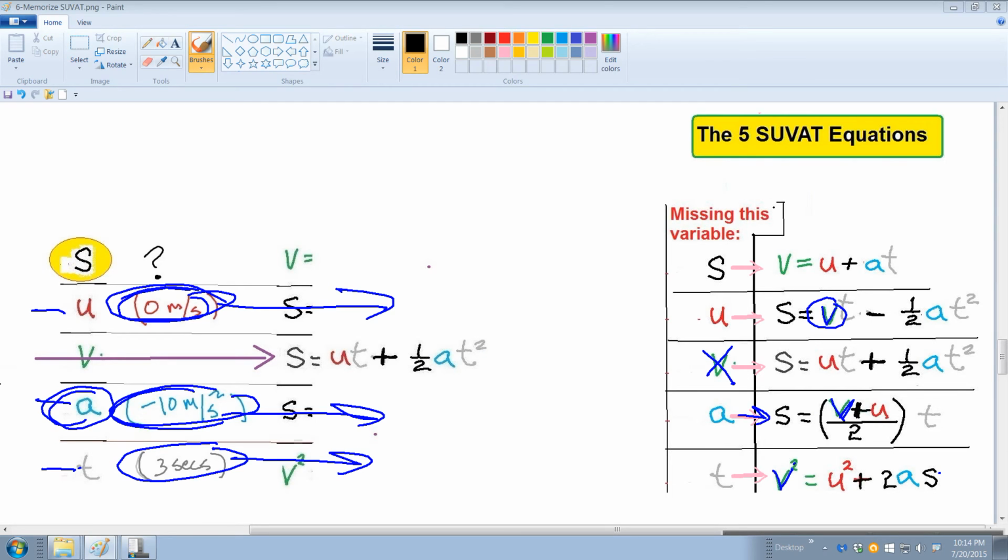So by filling in the data points u, a, and t, we're basically saying no, we don't need those equations to utilize for our answer to get s, because we have no v, and each one of those equations has v in it. I hope that makes sense.